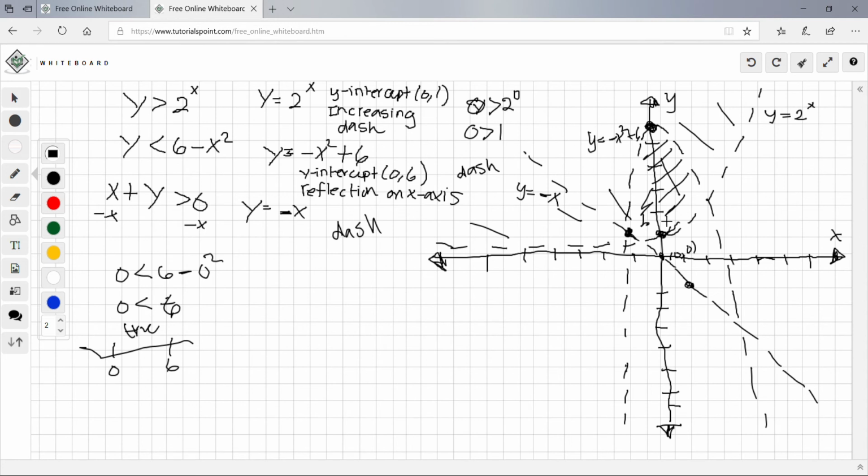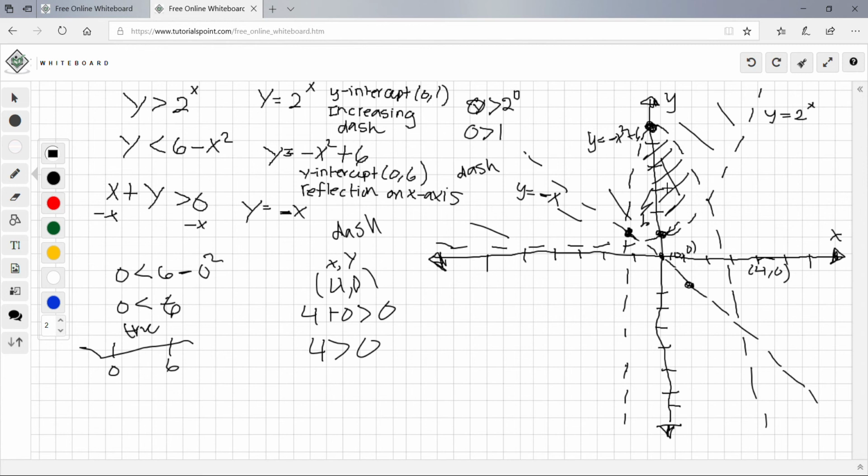Okay, so we can't use the point 0, 0 because it passes through the origin. So what can we use? We can use 4, 0 right here. So 1, 2, 3, 4. So this is 4, 0. Let's see if it works. We put it into the original inequality, so that's our x and this is our y. So 4 plus 0 is greater than 0. Is 4 greater than 0? Yes.